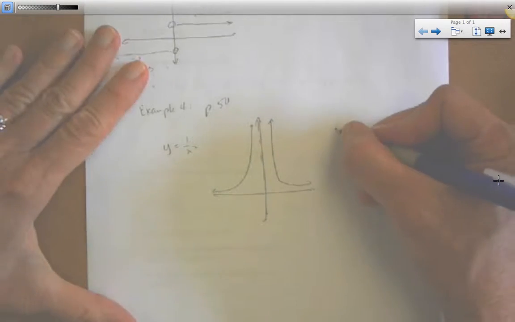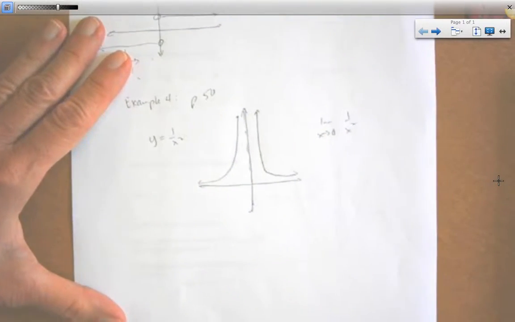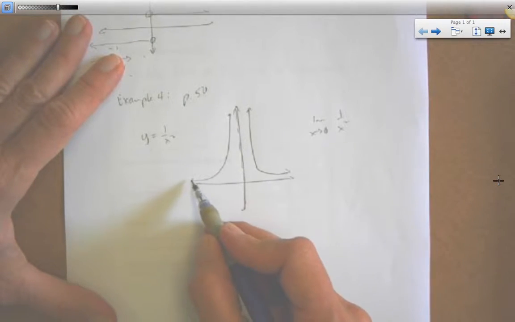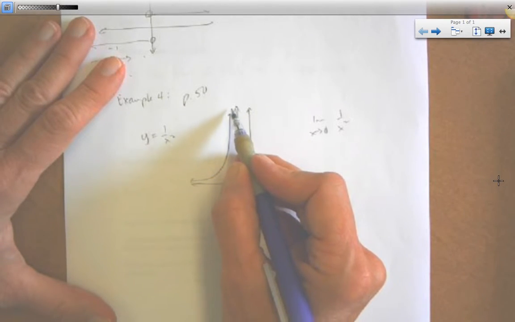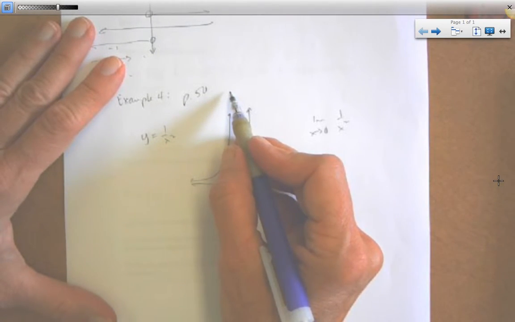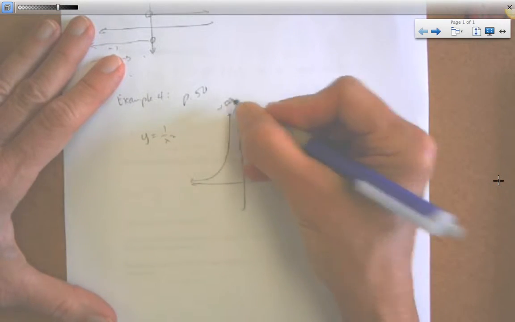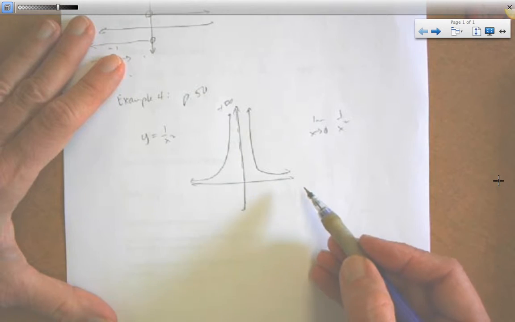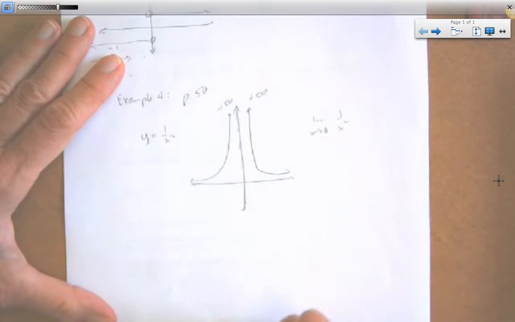All right, so I want to know the limit as x goes to 0 of 1 over x squared. Coming up from the left side, notice that the graph continues upward to infinity without bound. The y values get bigger and bigger, so this goes off to positive infinity. From the right side back towards 0, this graph also goes toward positive infinity.